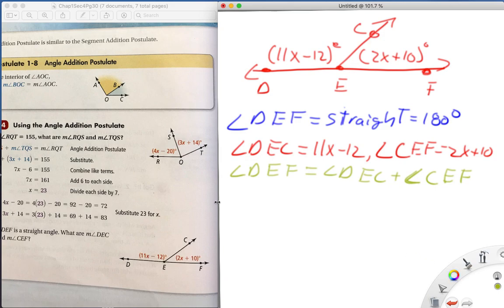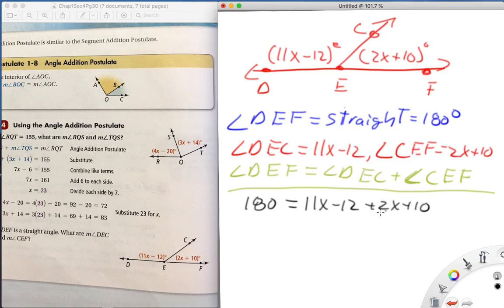So I'm going to substitute 180 for DEF, 11x minus 12 for DEC, and 2x plus 10 for CEF.